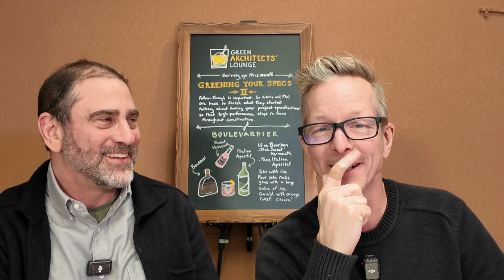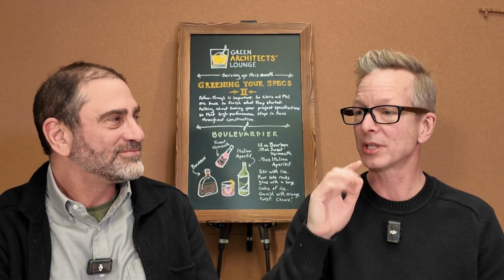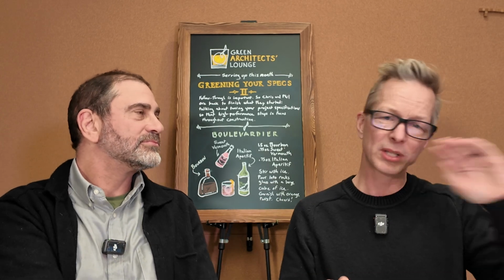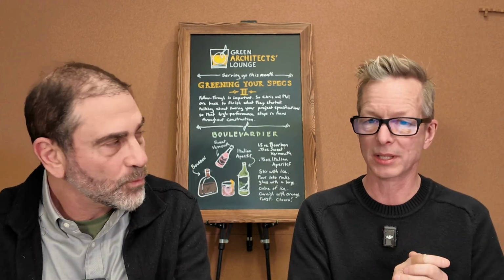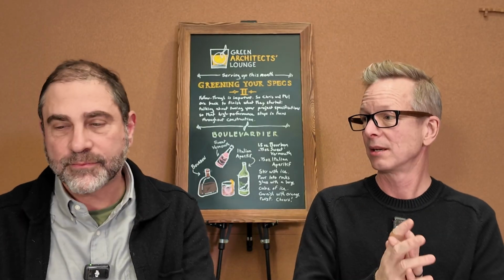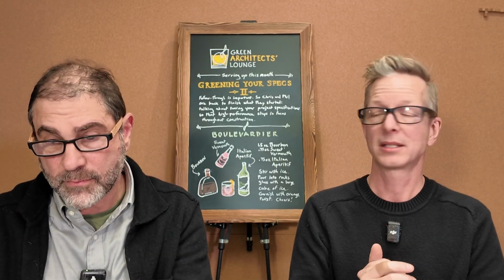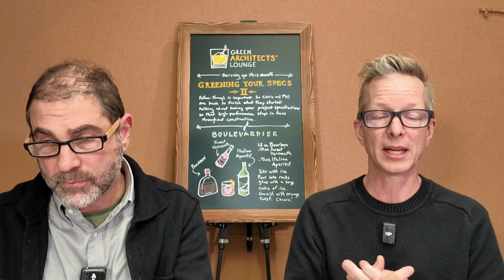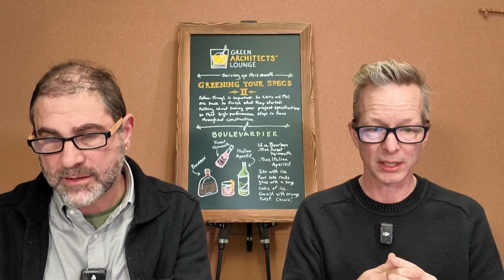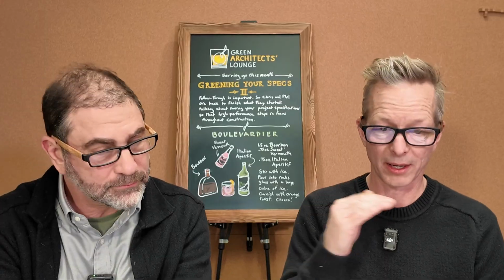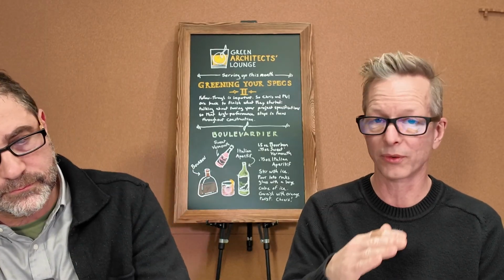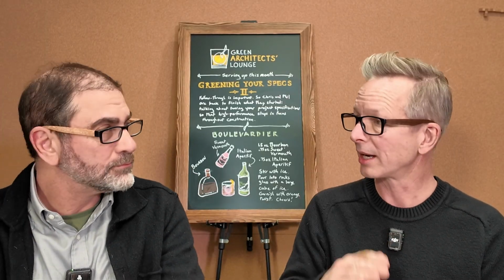So there's a new standard now, which we talked about in the first part, so I won't hit it, but it's sometimes called Title VI or the TSCA Title VI. Basically, if a product is Title VI compliant, it has met third-party certifications for low formaldehyde and VOCs.